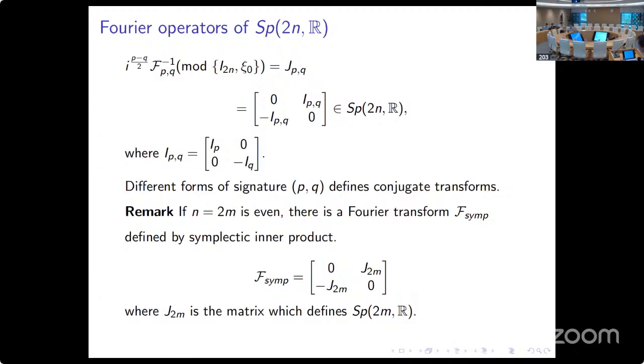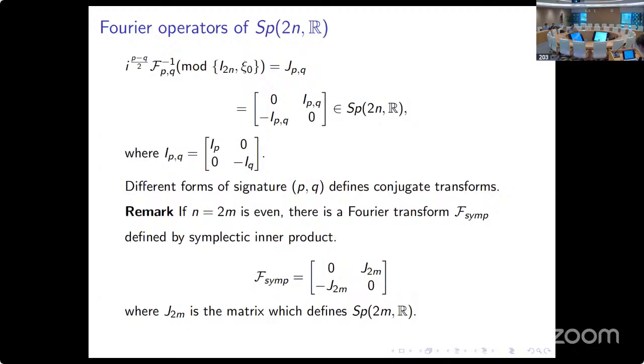There is also another special case, when this n, Sp2n means real rank n, but it comes from 2n by 2n matrices. If this n is also even, so we are talking about the Sp4m case, there will be another way. You can define the Fourier transform by a skew symmetric bilinear form.